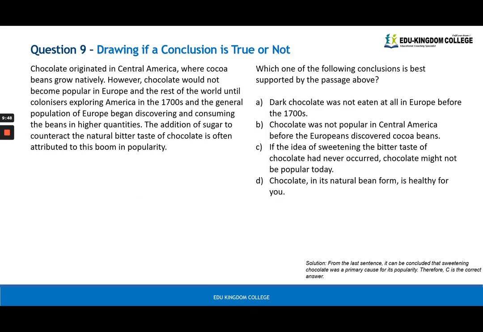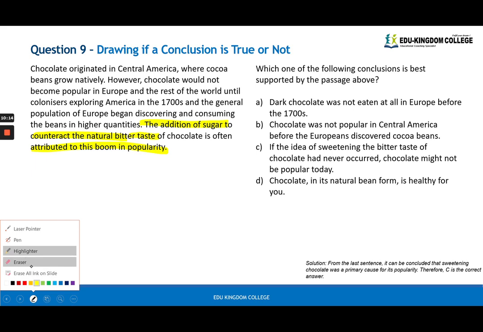Draw if a conclusion is true or not. Okay, so chocolate originated in Central America. Cocoa beans grow natively. Now, chocolate wouldn't be popular if the addition of sugar for this natural bitter taste wasn't attributed. That's basically the main point. This addition of sugar is very important because it contributed to this boom in popularity.